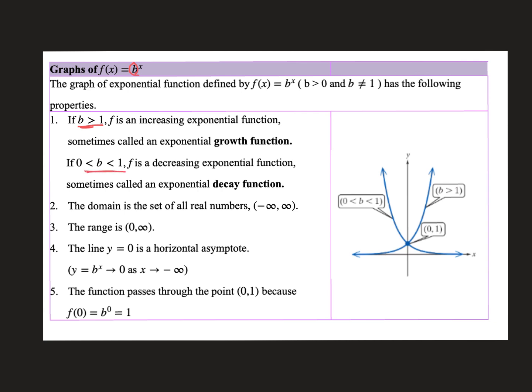When b is greater than 1, it's an increasing function, which we call a growth function. The graph is here. When b is between 0 and 1, it's a decreasing function, which is a decay function. Every other characteristic is the same. The domain is all real numbers, the range is 0 to infinity, the horizontal asymptote is y equals 0, the x-axis, and the y-intercept is 0 and 1. That's the characteristics of an exponential function depending on the base.